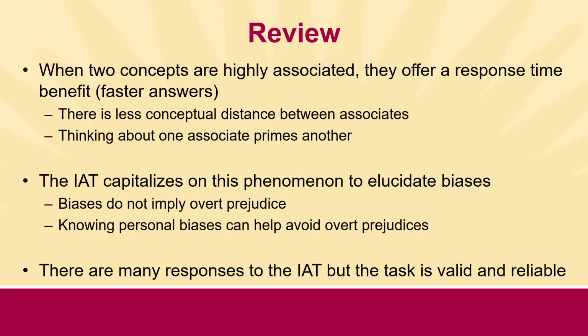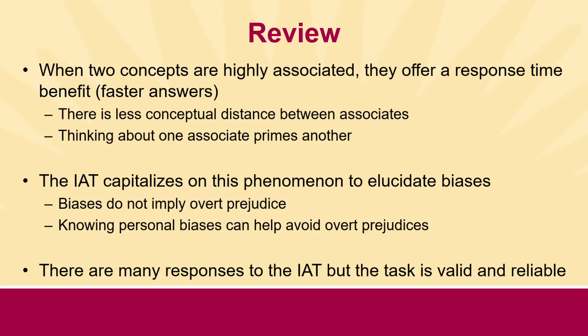Thinking about one associate primes another. So thinking about one term, one concept, like something that's pleasant, will prime things that are associated with the concept of pleasantness. And this is how we can do things like gauge people's attitudes towards men's versus women's names, faces of their race versus a different race, etc.